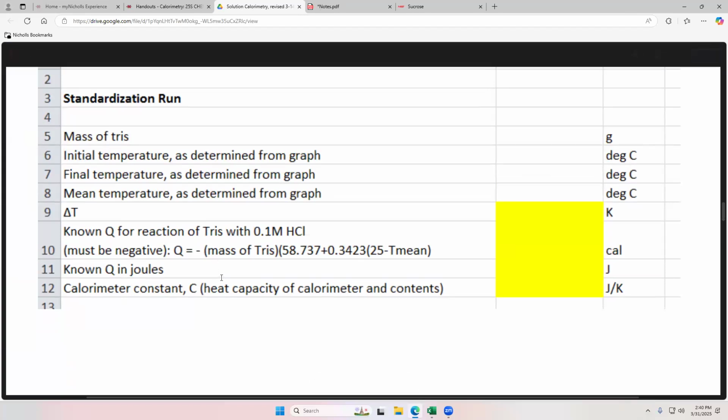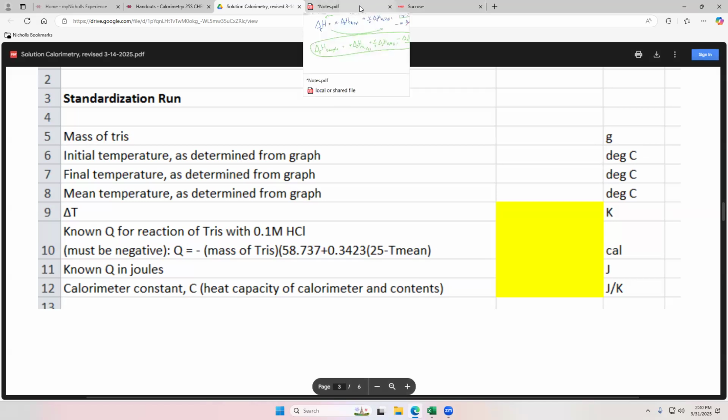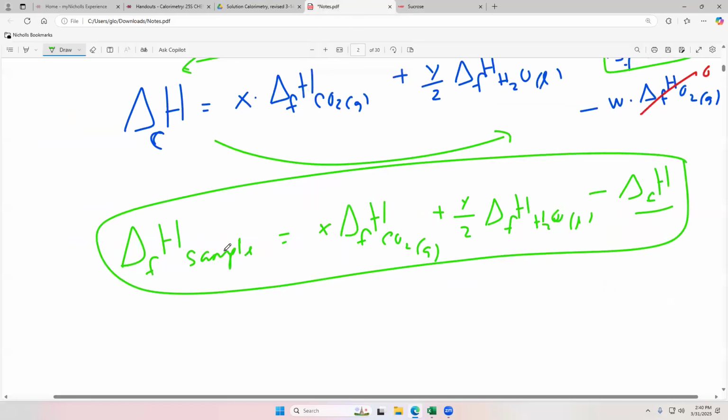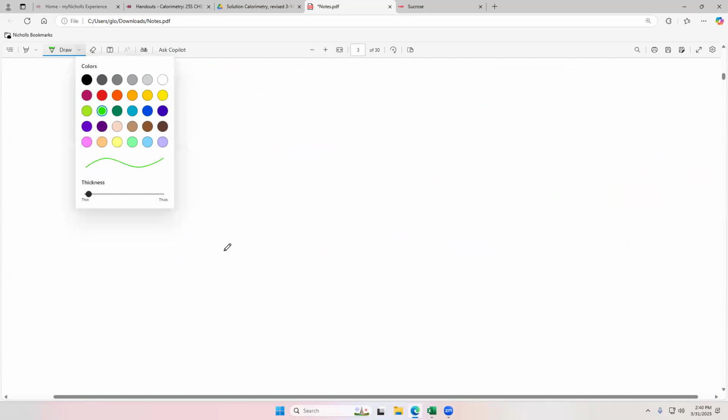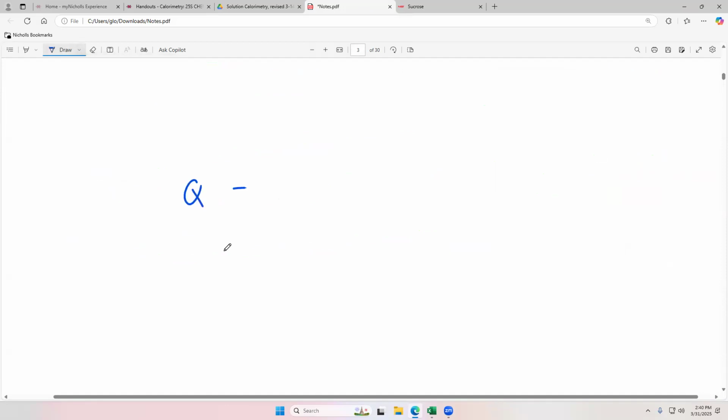Okay, so Q is equal to mass of tris times 58.737 plus 0.3423 times 25 minus the mean temperature. So let me type that in. So Q for solution calorimetry, Q for the tris reaction, standard run using tris plus HCl.